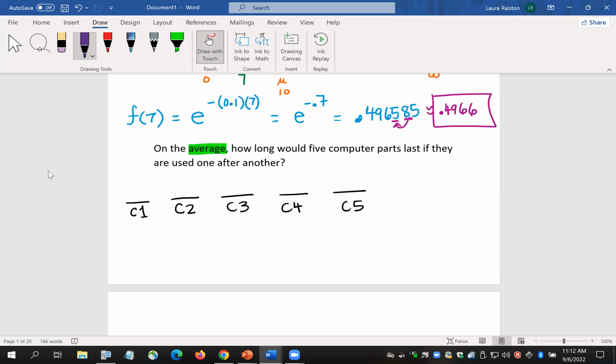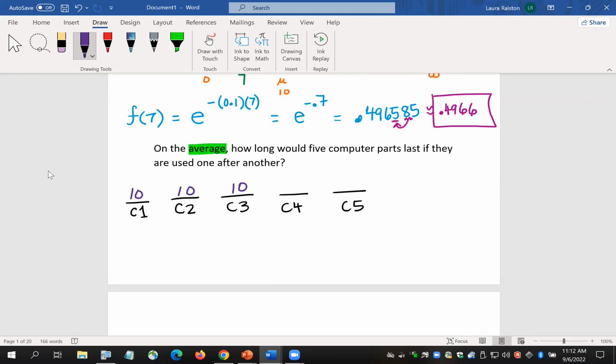So we would anticipate on average, the first part would last 10 years. As soon as it quits working, I'm going to put in the second part, and I would anticipate that it lasts 10 years. As soon as it stops working, I'm going to put in the third part and anticipate it works for 10 years.